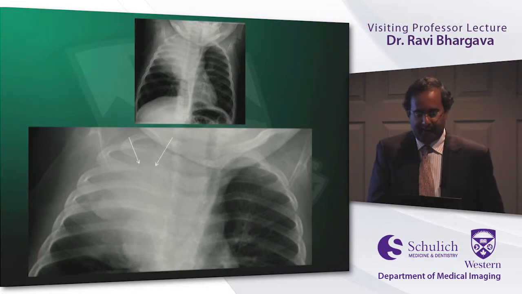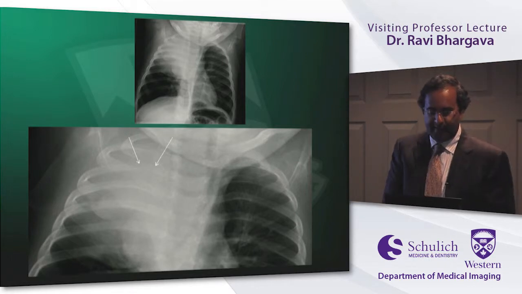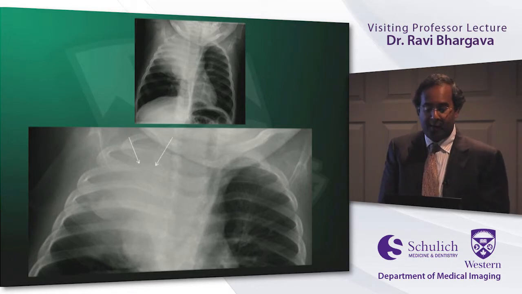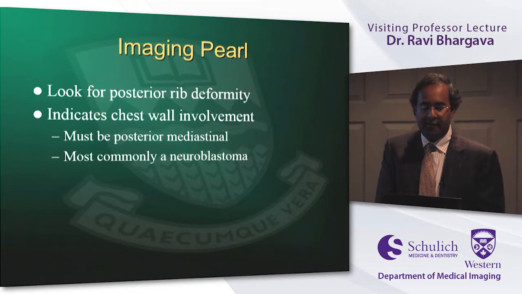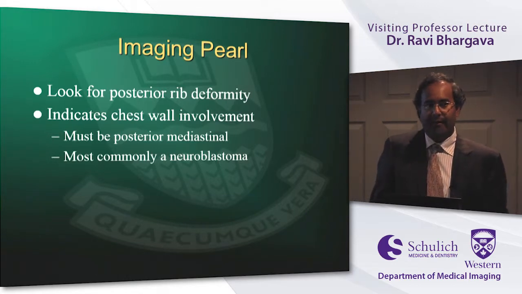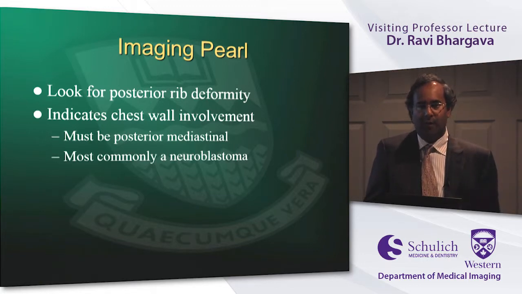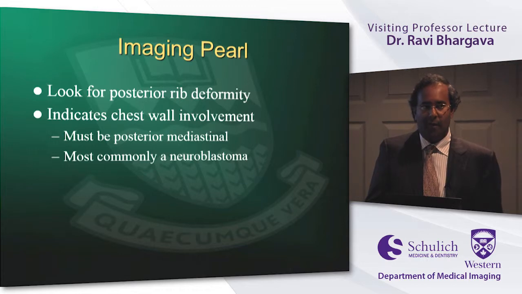Also, the trachea is deviated to the left, indicating a mass. The presence of those changes posteriorly is a real pearl. If you can find that rib change, that'll indicate to you that there's chest wall involvement, and it must be posterior mediastinal. And in children, the most common cause of a posterior mediastinal mass is neuroblastoma.